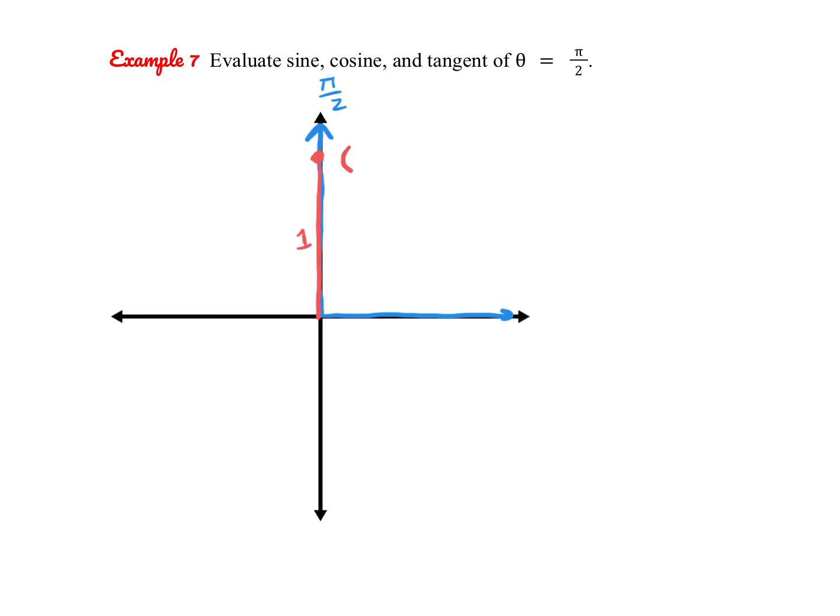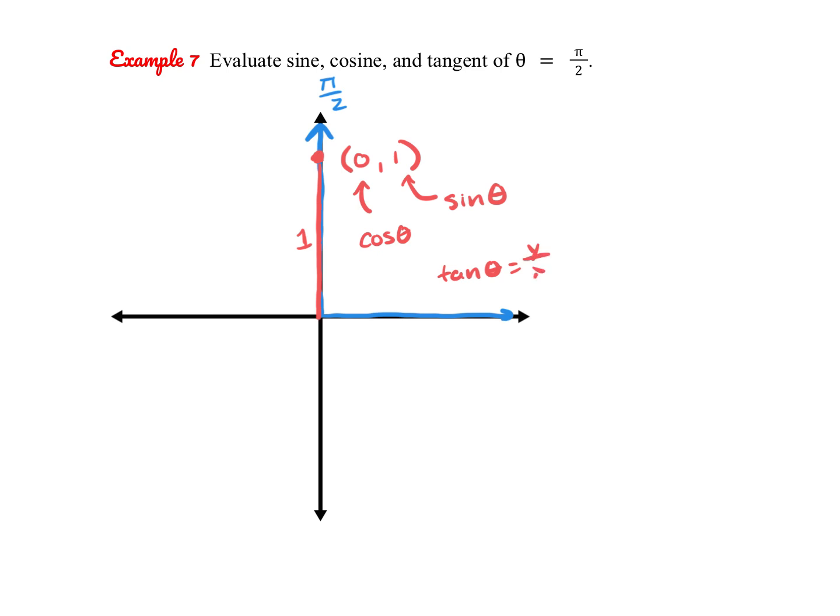The coordinate here would be (0, 1), because I'm just going up 1. So we know that the cosine of that angle is the x value, the sine of the angle is the y value, and then we know that tangent is y over x.